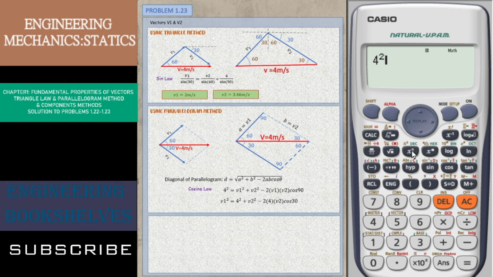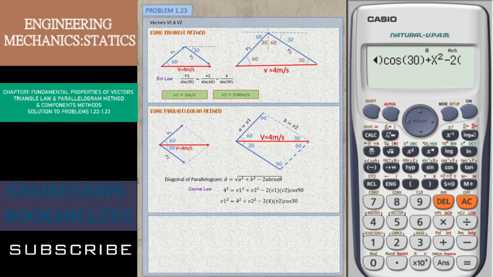So 4 squared equals, our B1 squared is this equation, 4 squared plus B2 squared minus 2 times 4 times B2 cosine 30, plus B2 squared.